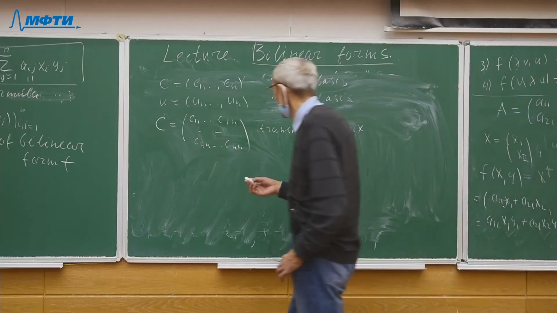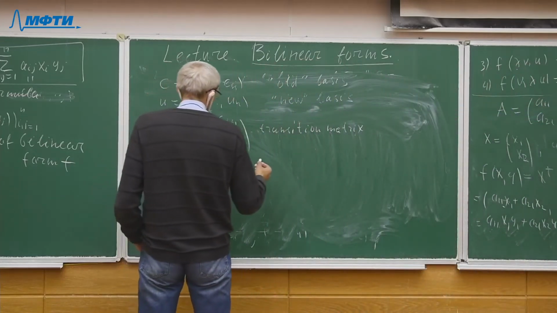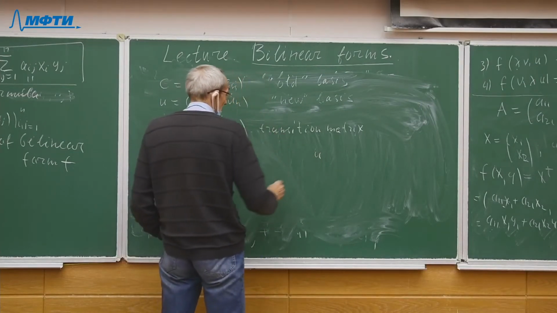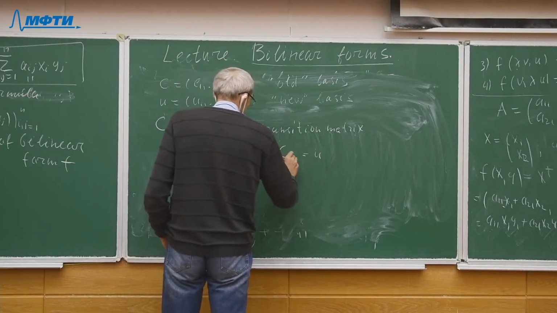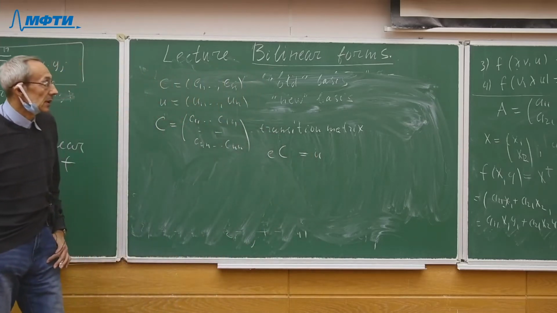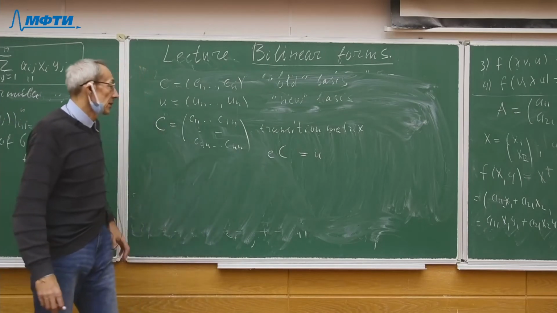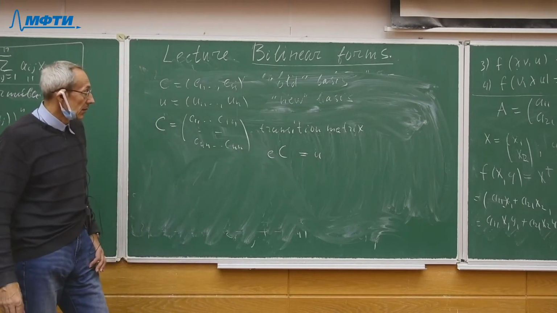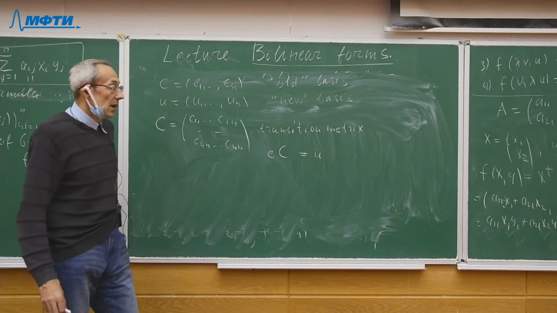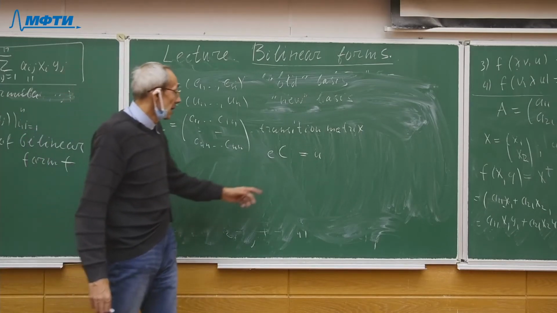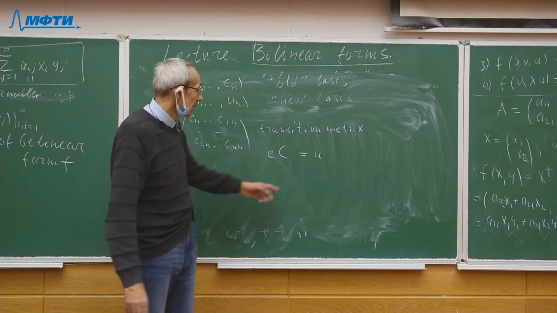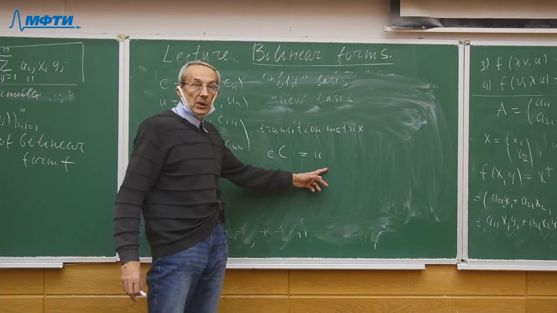We have the following relation. The new basis U can be obtained as a product of the row vector, whose elements are the vectors of the old basis E, and the transition matrix. As a result of such a product we get the new basis U.